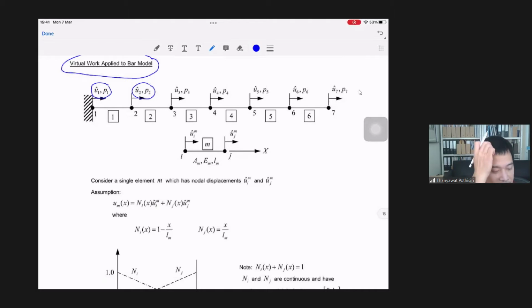So it means that, for example, for element 1, I want to approximate the displacement within element 1 by using the nodal displacement here and here.